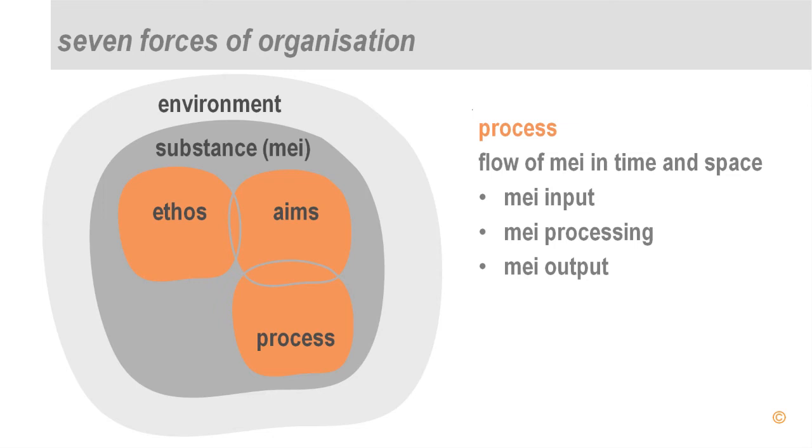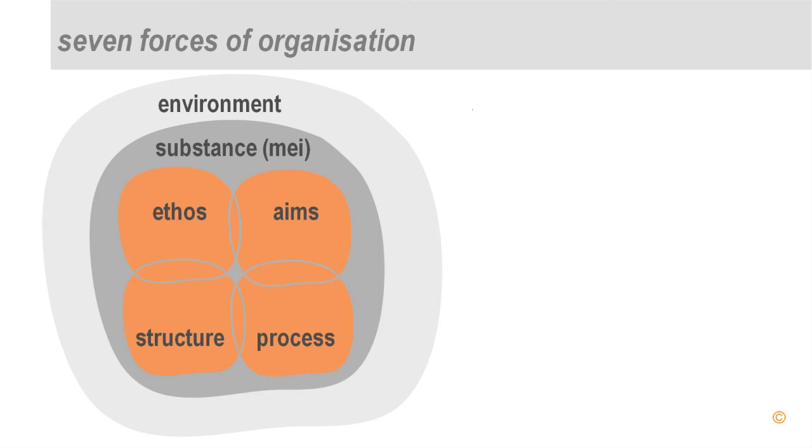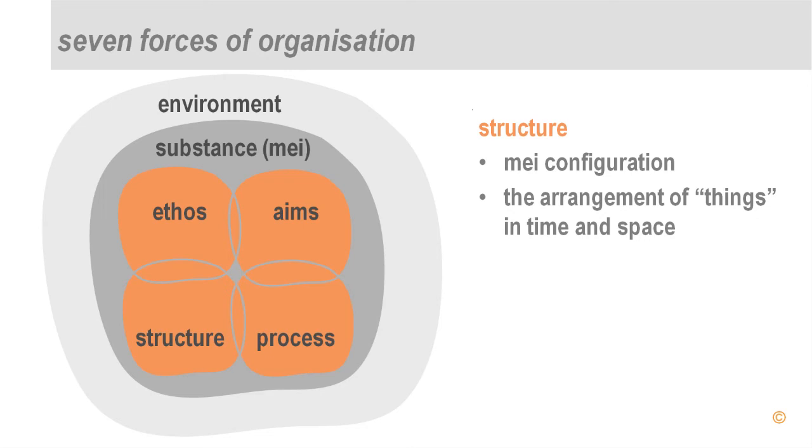So the management and the design of that flow of matter, energy, and information is what process is about. Then every organization has structure. By structure we mean the matter-energy-information configuration, or put differently, the way we are arranging the things in time and space.